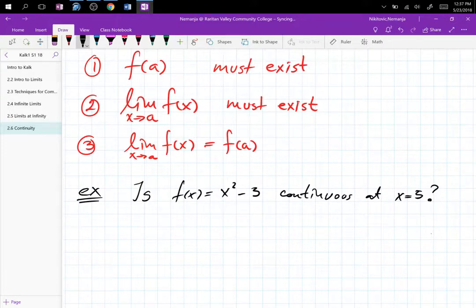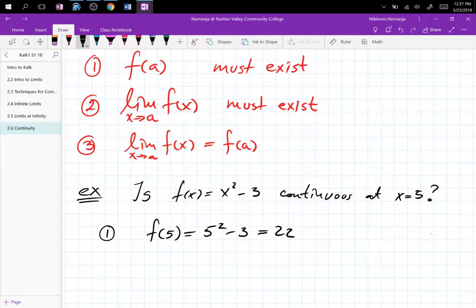All right, well, let's figure it out. First thing from our list is we have to be able to compute at 5. So can I find f of 5? Well, yeah, that's 5 squared minus 3, which is 22. Great. Number 2 says, how about the limit of x squared minus 3 as x goes to 5?